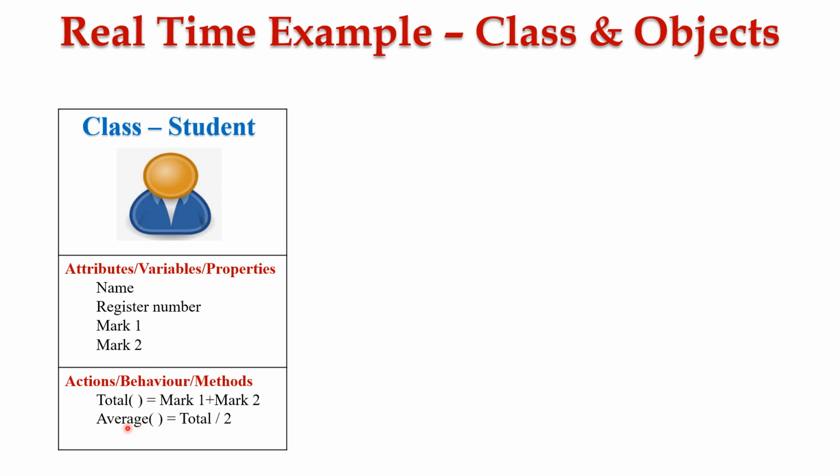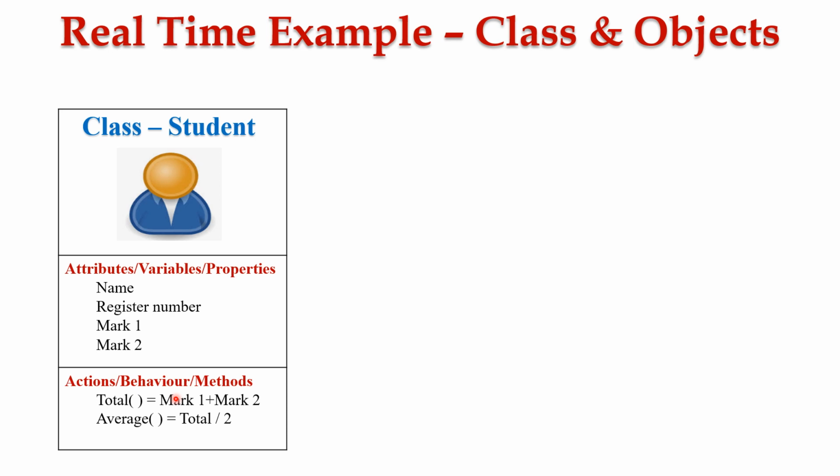Then we have defined the methods within the class to perform certain calculations. Total calculates the total marks by adding mark 1 and mark 2. Next, average is used to calculate the average of the student by dividing total by 2. A class can have multiple objects and each has its own attributes and shares the behavior defined by the class.